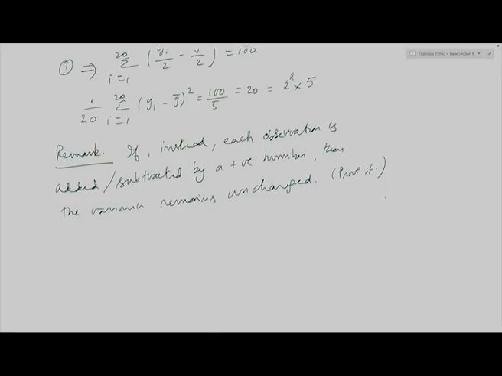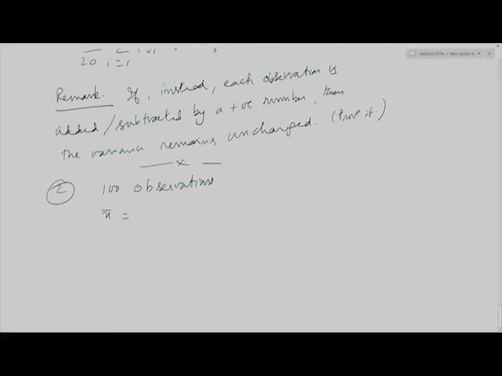Finally, there is one more type of problem, and with that I want to finish. Let us take the second example, on mean and standard deviation. There are 100 observations, and let us say x bar is equal to 40 and the standard deviation sigma is 5.1.